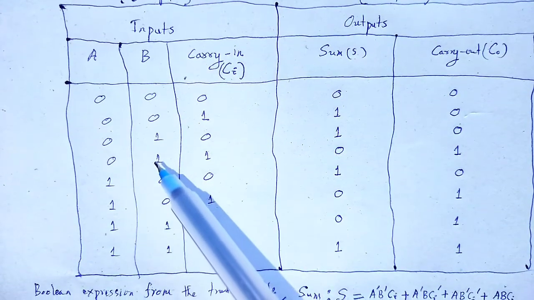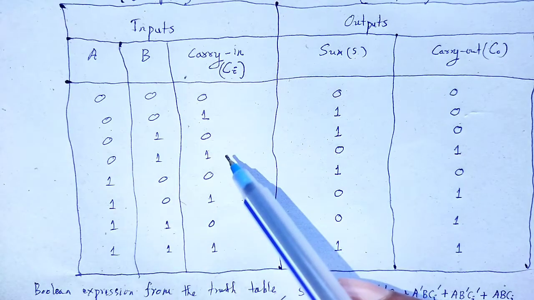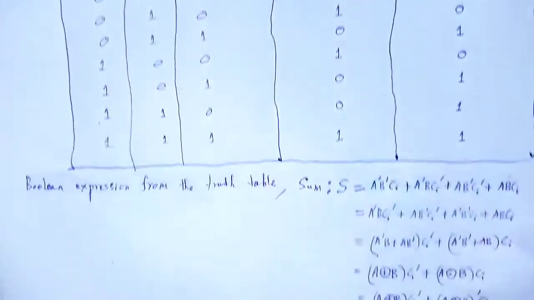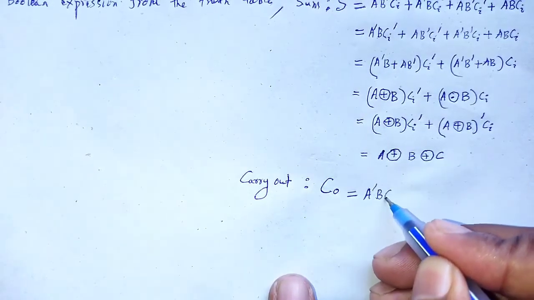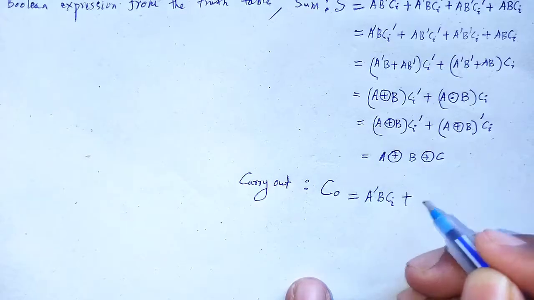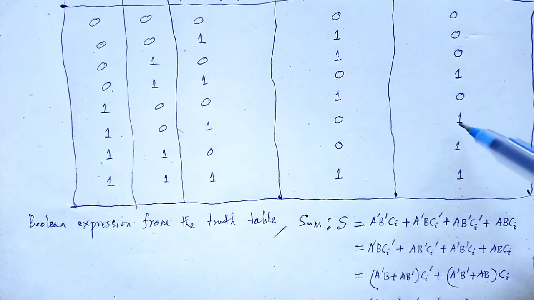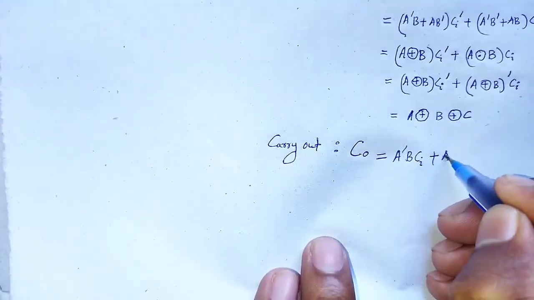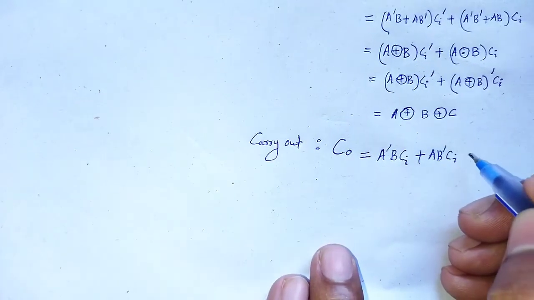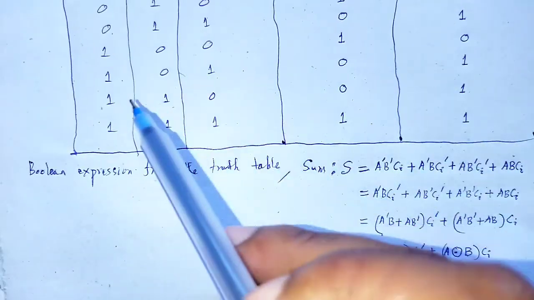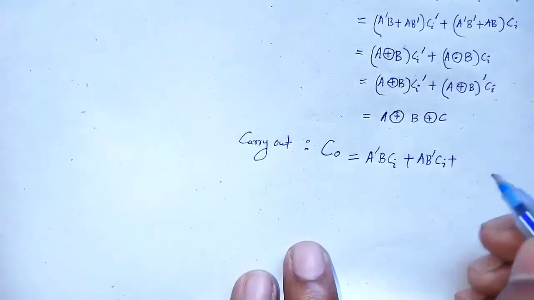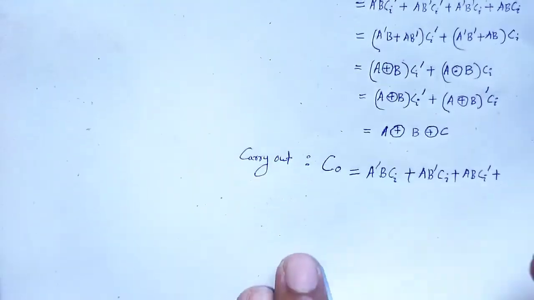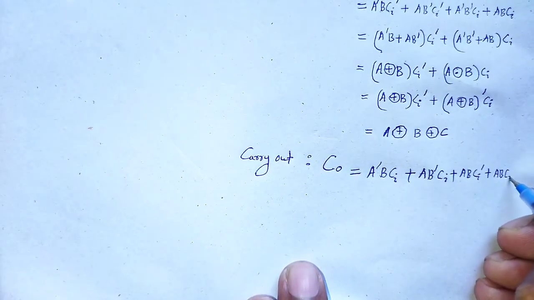For 0 we have prime, for 1 unprimed, so A prime B Ci, plus next one 1 0 1: A B prime Ci, plus next one 1 1 0: A B Ci prime, plus all 1s: A B Ci.